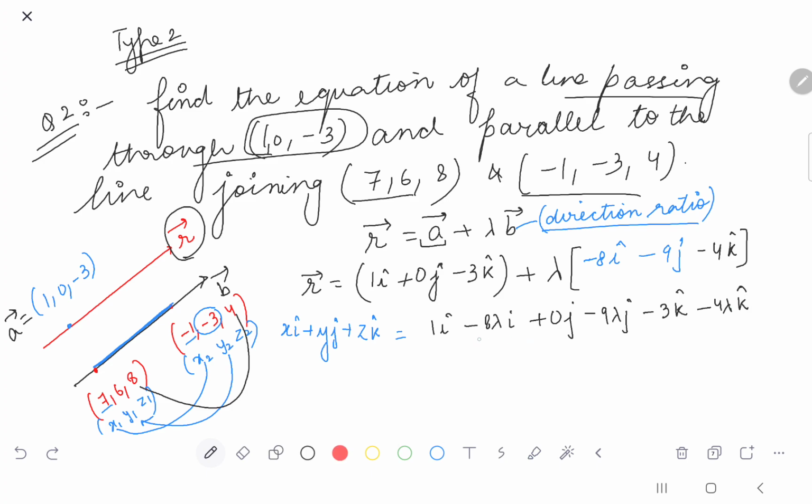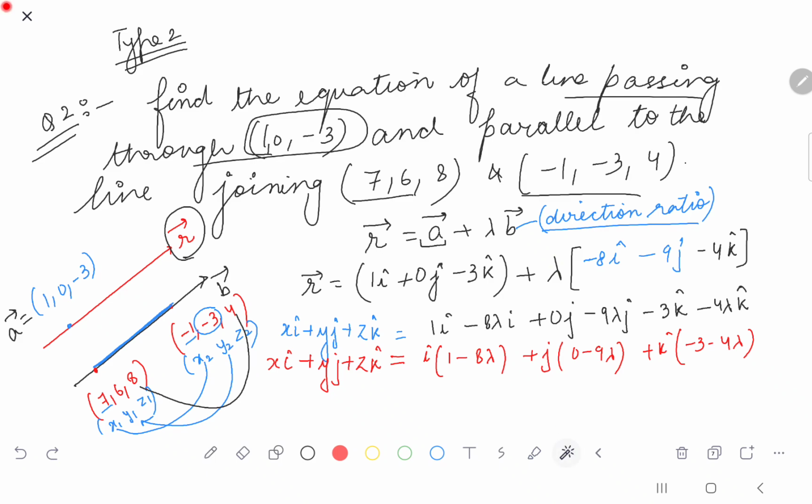So just collect all the i caps together: (1 minus 8 lambda) i cap plus (0 minus 9 lambda) j cap plus (minus 3 minus 4 lambda) k cap, and that shall equal x i cap plus y j cap plus z k cap.